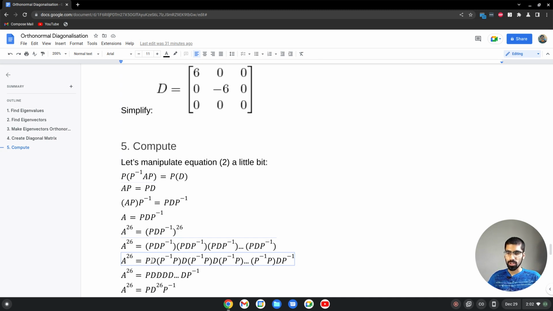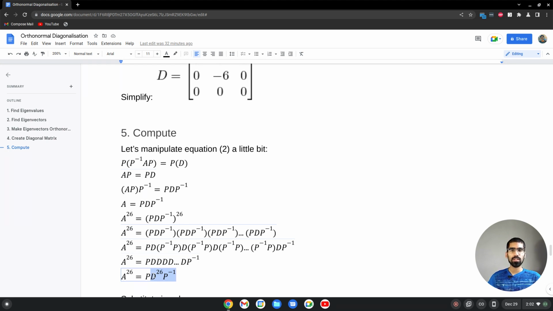And that leaves us with, okay, get rid of this, get rid of this, get rid of this. You can see that what's in the middle is just a bunch of D's, in fact 26 of them being multiplied together. So we can rewrite A raised to the power of 26 with this diagonal matrix raised to a power, and then we have these P and P inverse terms left over at the end that didn't cancel out with anything.